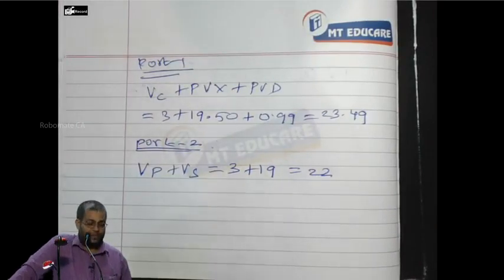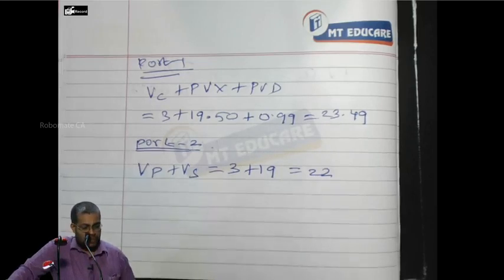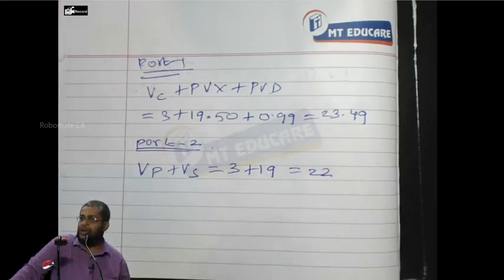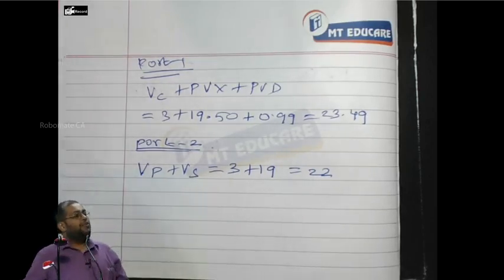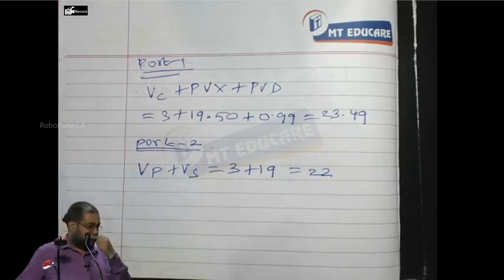Portfolio 1 is overpriced. So, I have given the heading identification of arbitrage strategy. Portfolio 1 is overpriced and portfolio 2 is underpriced.